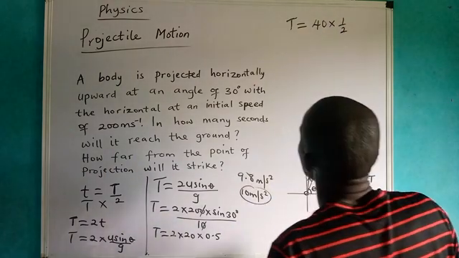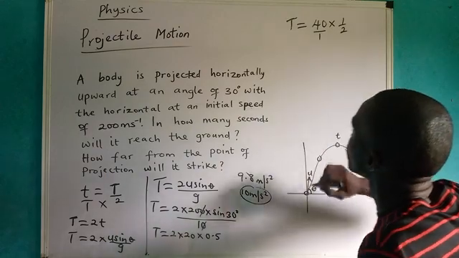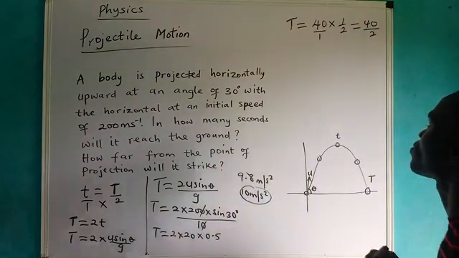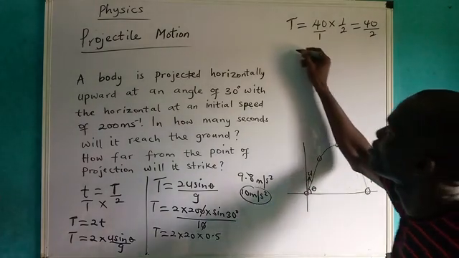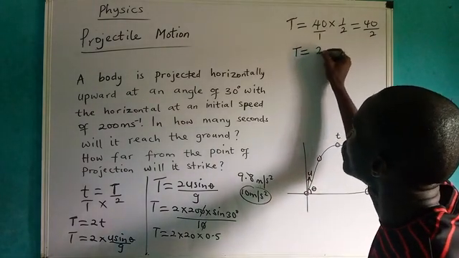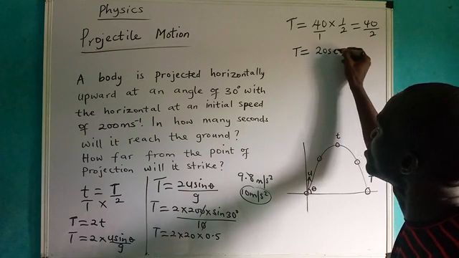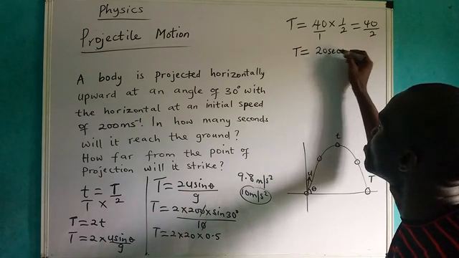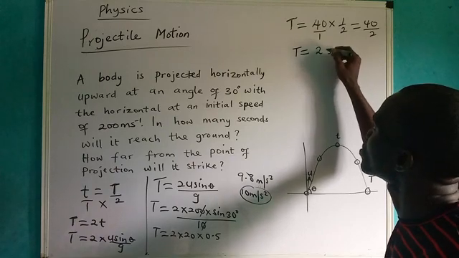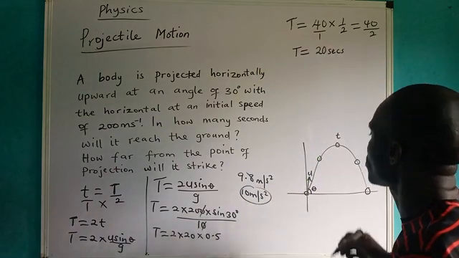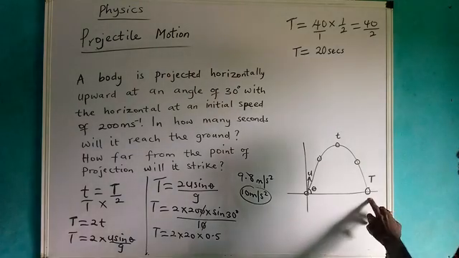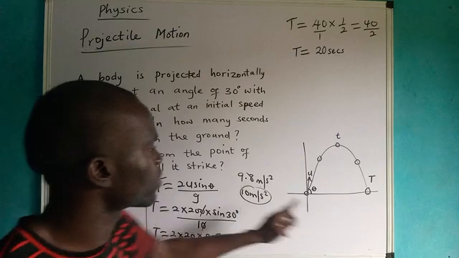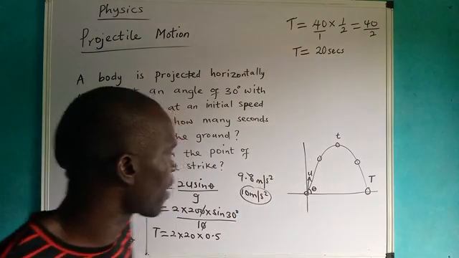Please take note of that. So it becomes 40 over 2. When you divide that, you have 20 seconds. Meaning it will take this body 20 seconds to strike this point. That will be the time of flight.